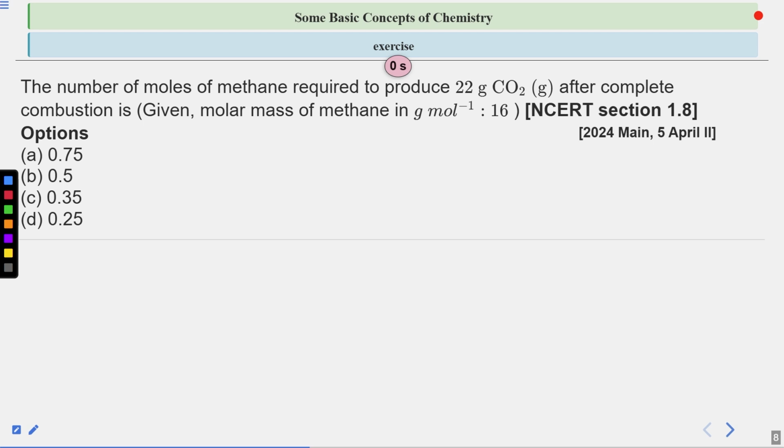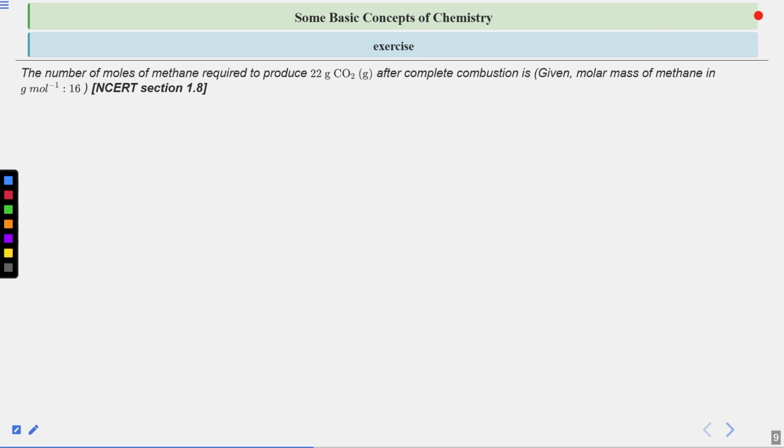Let us see the correct answer. The correct answer is B, which is 0.5. How will we solve it? For that, we need the complete reaction. So I would ask all of the students to write the equation for the combustion of methane in the chat section.